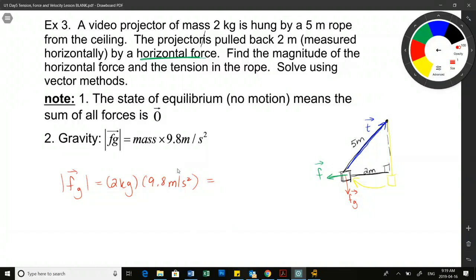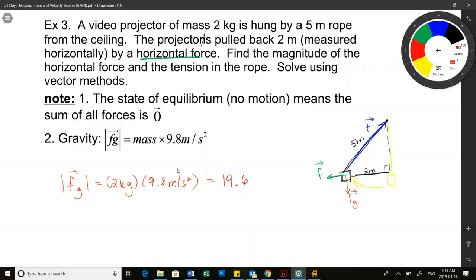What do we get? 19.6. 19.6 what? Units of measurement. It's 19.6 exactly.